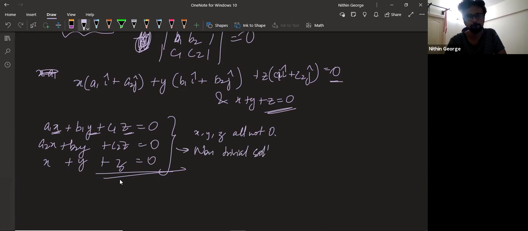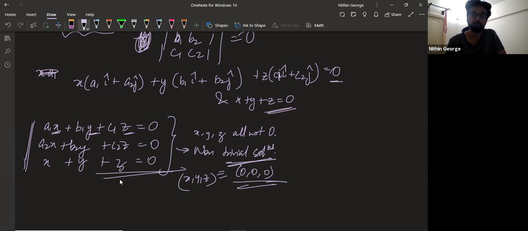You know what non-trivial solutions are? 0, 0, 0 for x, y, z would be the trivial solution for these 3. We are looking for a non-trivial solution. So if a non-trivial solution exists, they are all collinear.